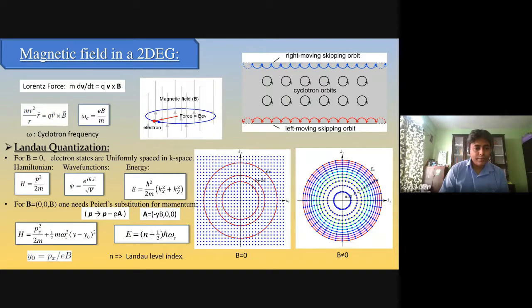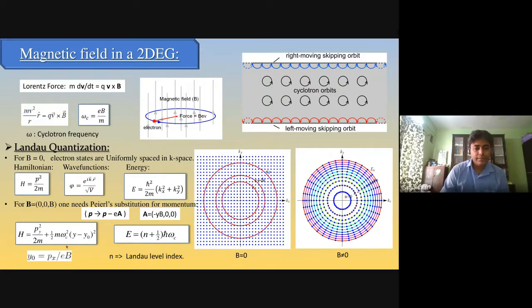If you plug that into the Hamiltonian and follow some steps, you ultimately get a Hamiltonian which looks like this: py squared over 2m plus half m omega c squared times (y minus y naught) squared. This is the Hamiltonian of a simple harmonic oscillator. So its energy is given by E equals (n plus half) h bar omega c. These n are integers, called the Landau level index. So you can see a quantization takes place as the magnetic field is applied to the system.